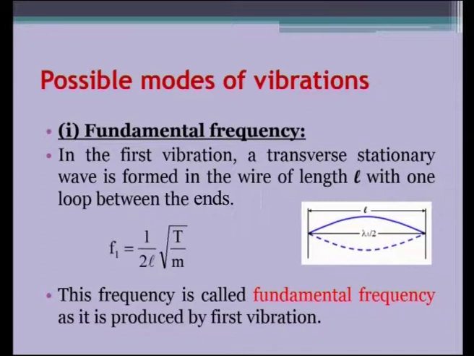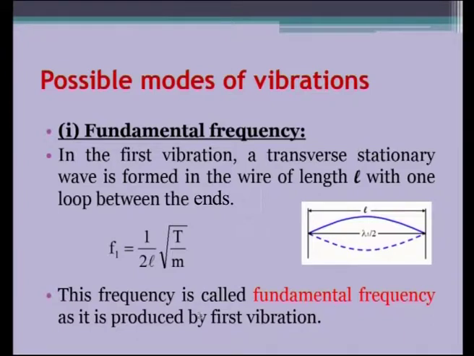The possible modes of vibrations are sequentially discussed here. The first one is the fundamental frequency, because with that only the vibrations start. In the first vibration, the transverse stationary wave is formed in the wire of length L with one loop between the ends.